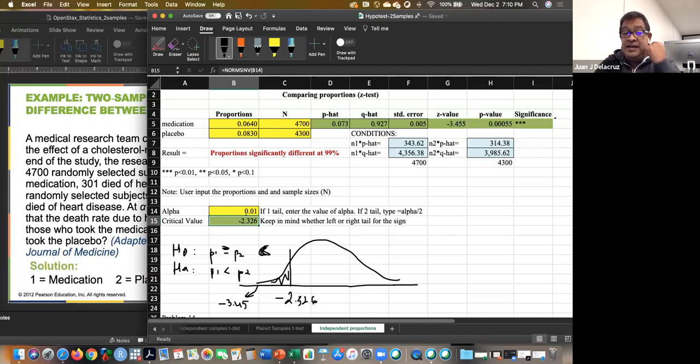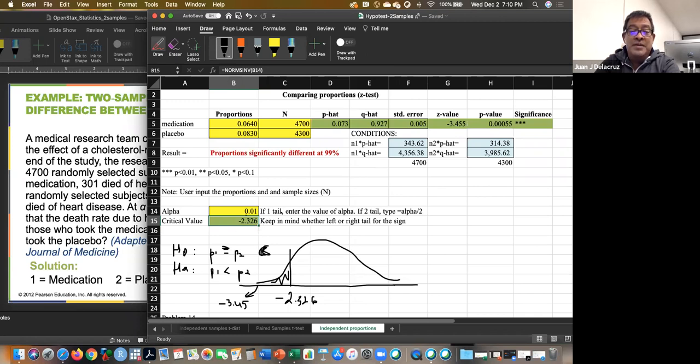I can see the significance here. But now I am making this more formal, because it's not about finding the values. You have to conceptualize the idea, right? So in this case, you are sure that your z statistic that you just computed falls inside the rejection region.